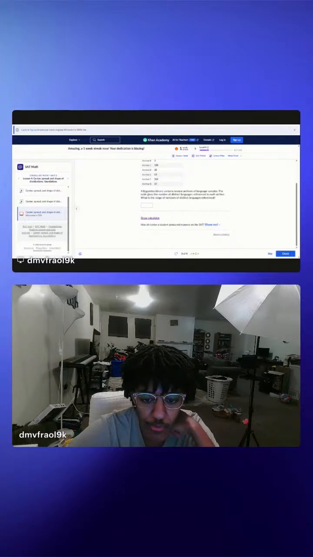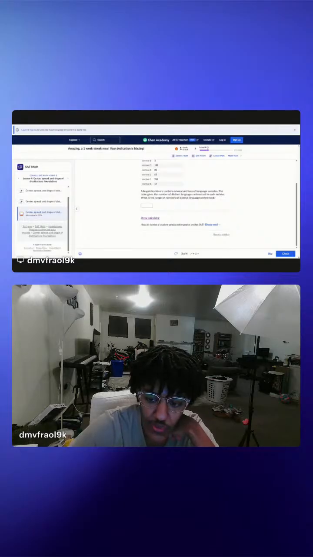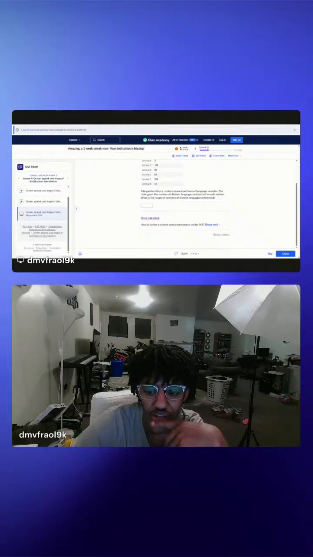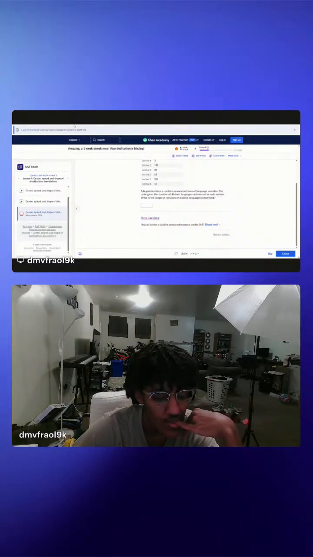A linguistics library contains several archives of language samples. The table gives the number of distinct languages referenced in each archive. What is the range?